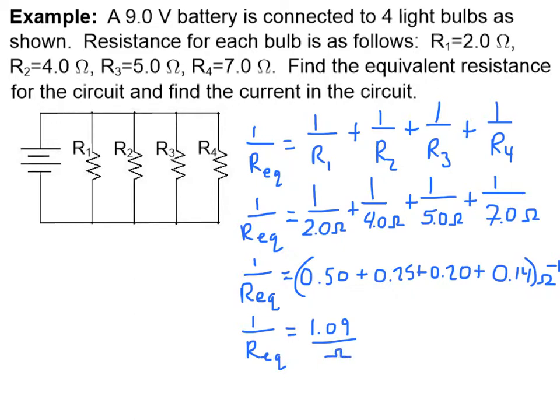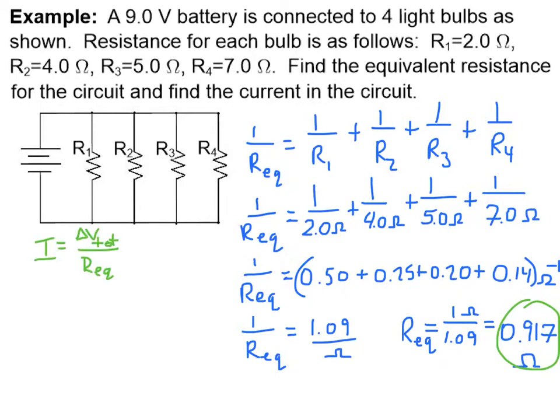I can cross multiply at this point, or multiply both sides by the equivalent resistance, and I get an answer of 0.917 ohms. Now I need to find the current. I know that the current in the circuit is going to be equal to the total potential difference, and I already am given that.